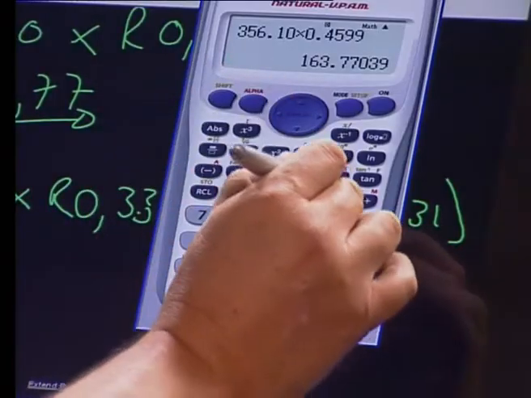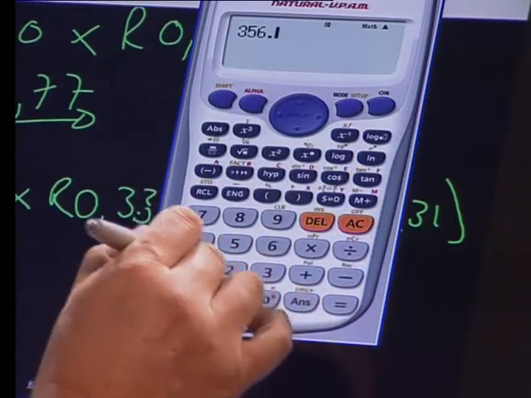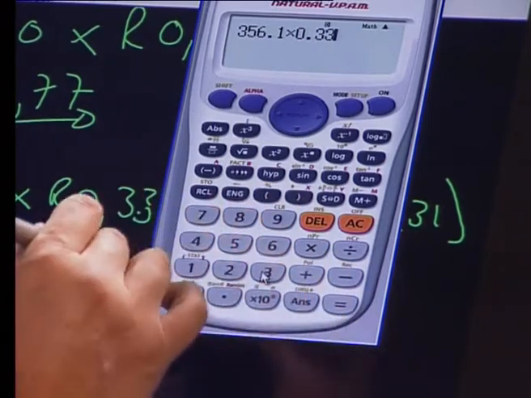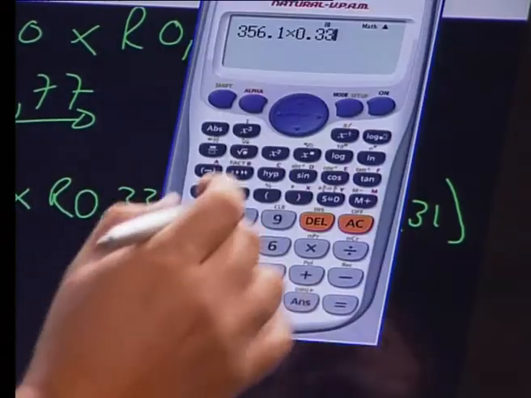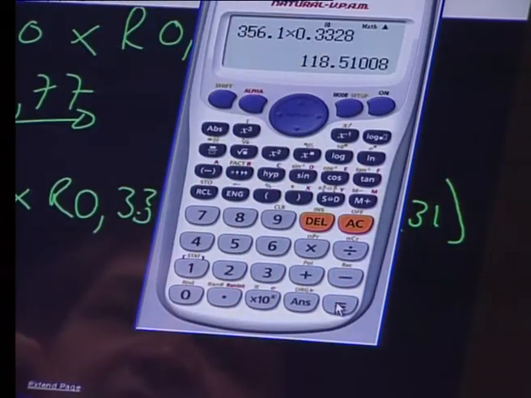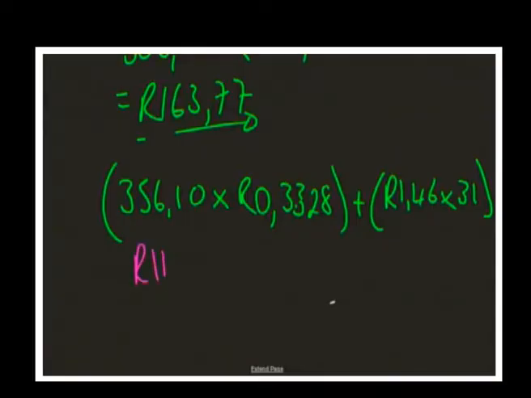So let's have a look here. Clear our calculator: 356.1 multiplied by 0.3328 equals, and I get 118 Rand 51. 118 Rand 51 plus, what is this over here?